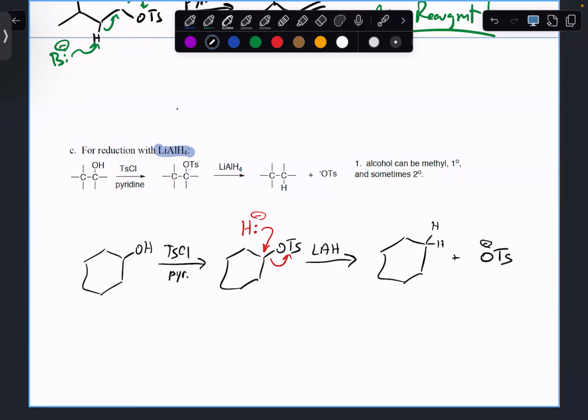It's a way of deoxygenating the molecule. All right, questions here?